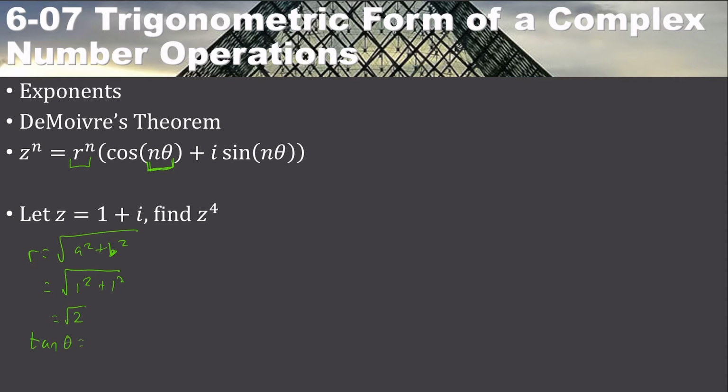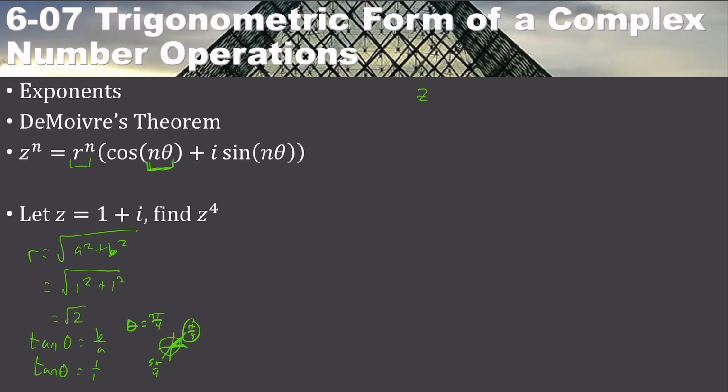To get the angle, use tangent. It's b over a. So when does tangent equal 1 on the unit circle? That happens twice, there at pi over 4, or here at 5 pi over 4. Since it's over 1 and up 1, it's pi over 4. So theta is pi over 4.